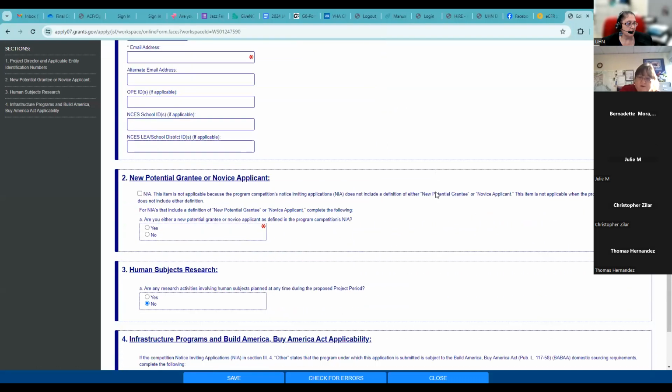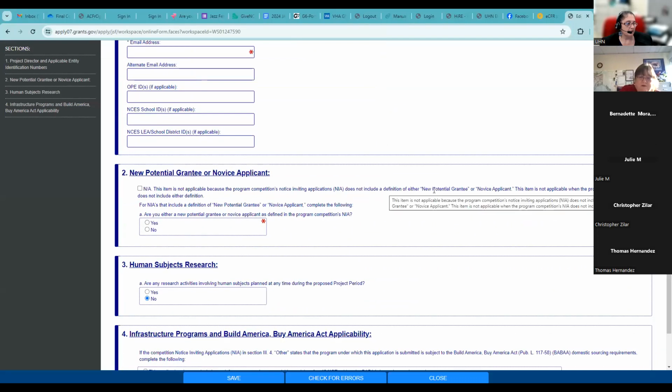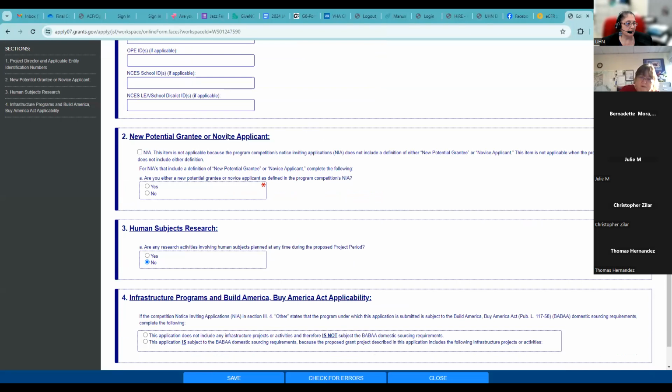They are going to want to know, are you a potential new grantee or novice applicant? Typically they're asking this because they want to know if it's a contracted grant writer.